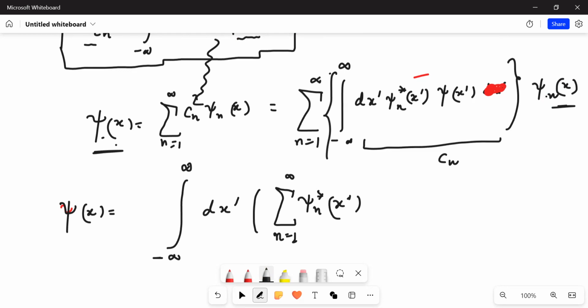And remember, this integration is going over x dash. Okay, so this integration is going over x dash.